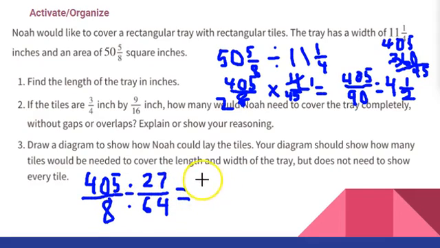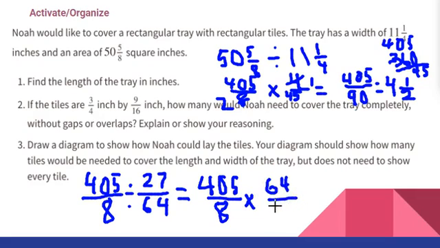Okay, so we're going to, again, multiply by the 64 and divide by the 27. And you can do that in separate pieces, or you can conveniently put it as an inverted fraction.